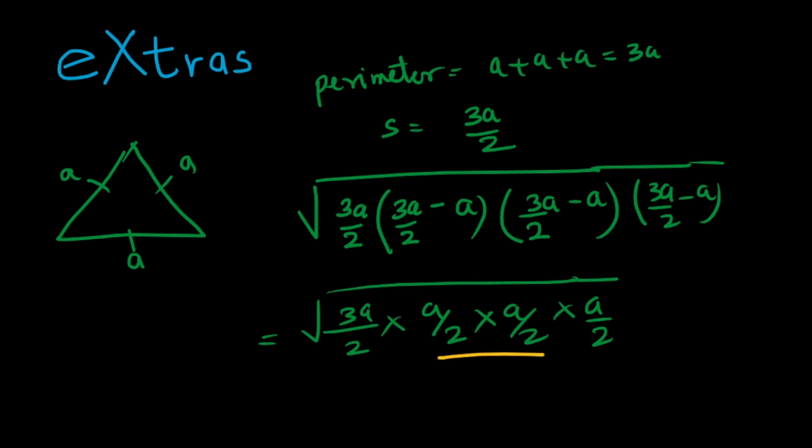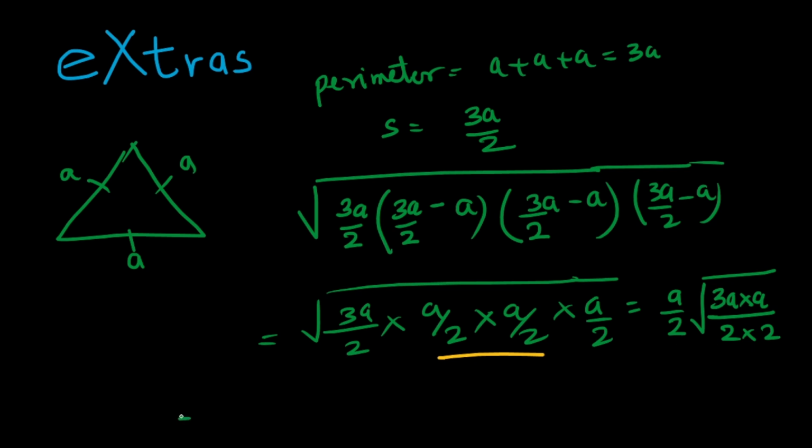So when you take a by 2 outside, you have a by 2 into the root, inside you have 3a into a divided by 2 into 2, right? You know that 2 into 2, you can take 1 by 2 outside.